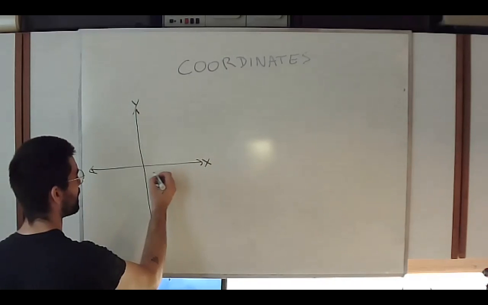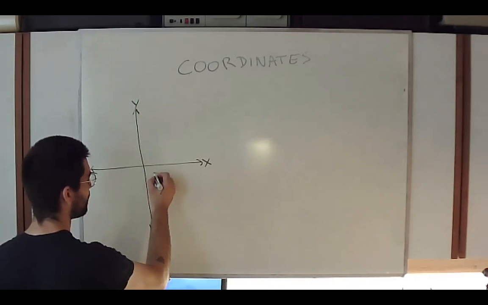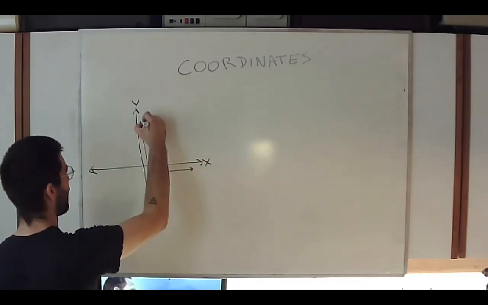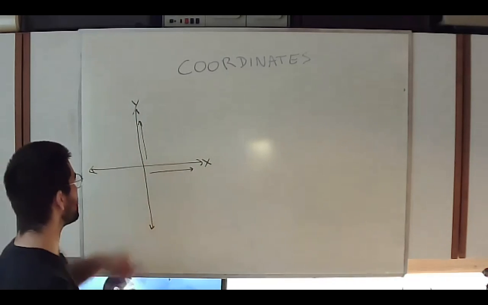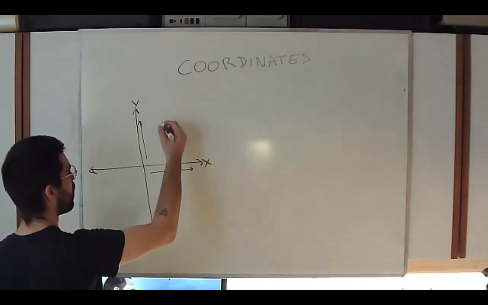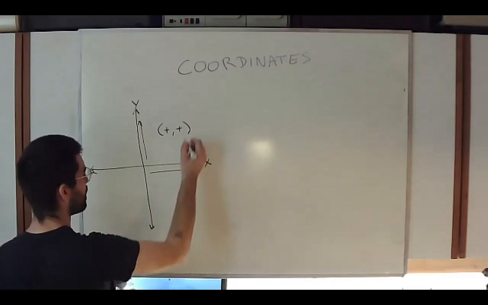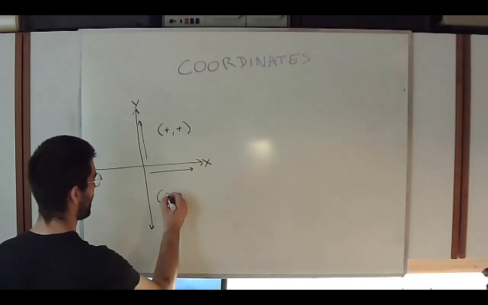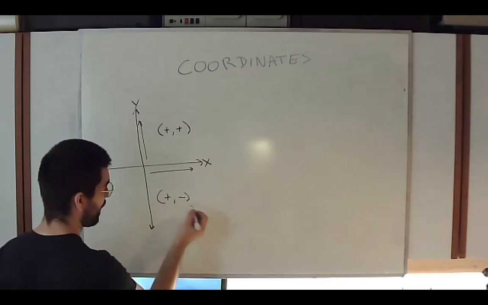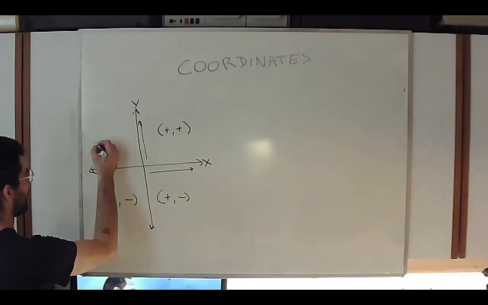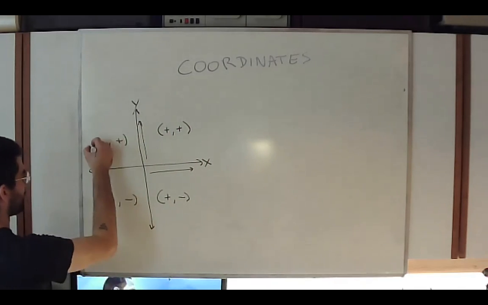And numbers get bigger this way and this way, right? So the coordinates over in this quadrant are positive and positive. In this one, they're positive and negative, and then negative and negative, and negative and positive.